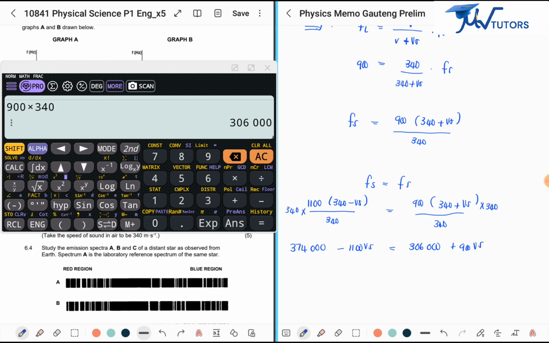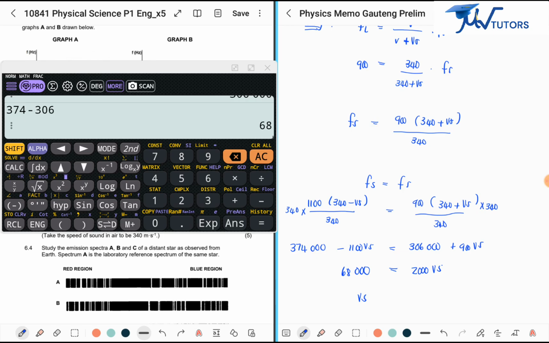So if I take 1,100 times the speed to the other side, I will have 900 plus 1,100, so that's 2,000. And if I take 306,000 to the left, I have 374,000 minus 306,000, and that's 68,000.